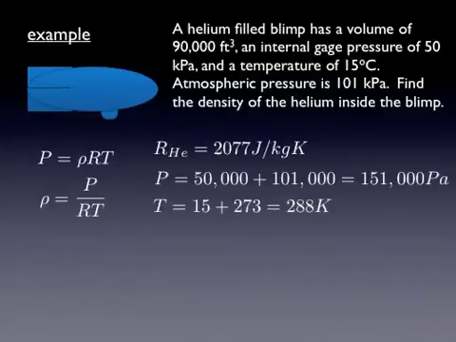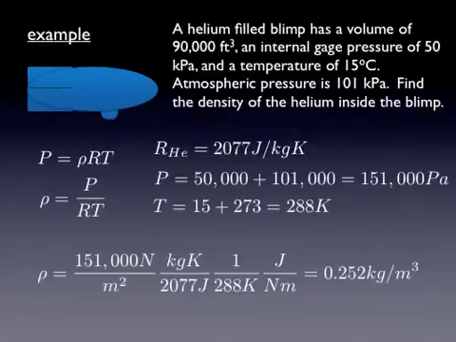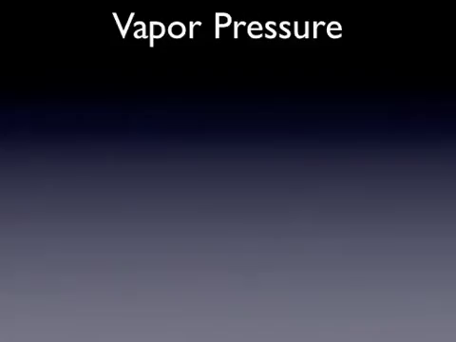And now I've got all the pieces, and I just have to plug it all together and punch it into my calculator. Notice that the units work out because you have joules on the bottom and a Newton meter on the top, and those are the same, so that does cross out. So you're left with a density in kilograms per meter cubed.